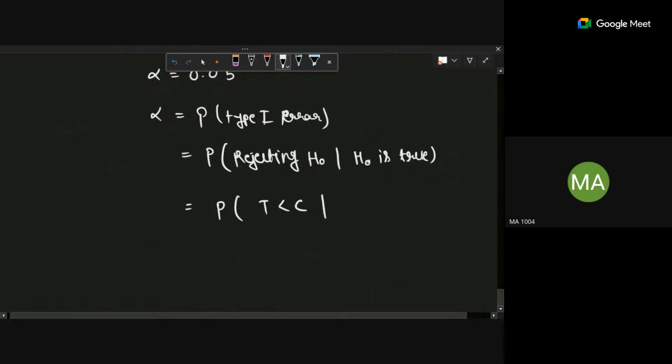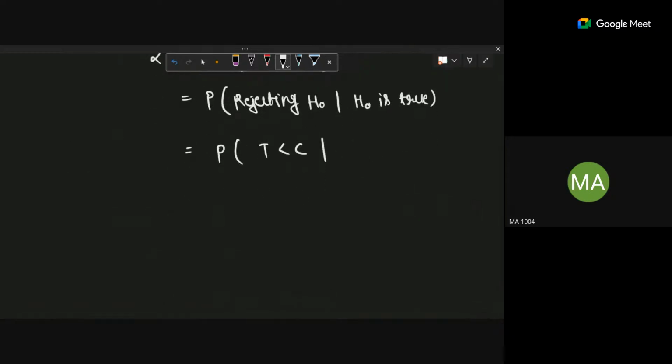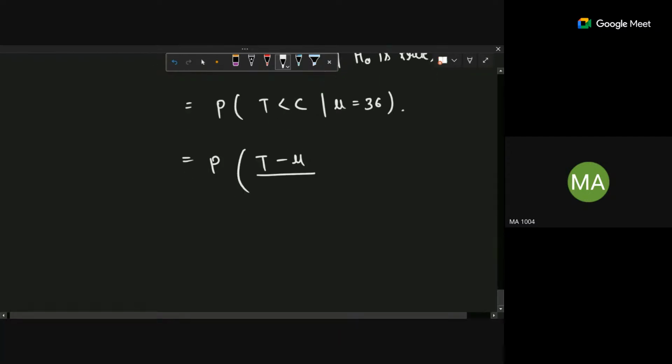H naught is true means here the mean is 36. As variance is not given to us, I will subtract our mean, which is 36, and divide it by, instead of sigma, S square by n, right?